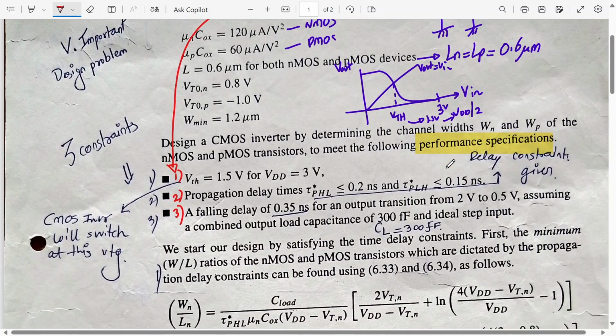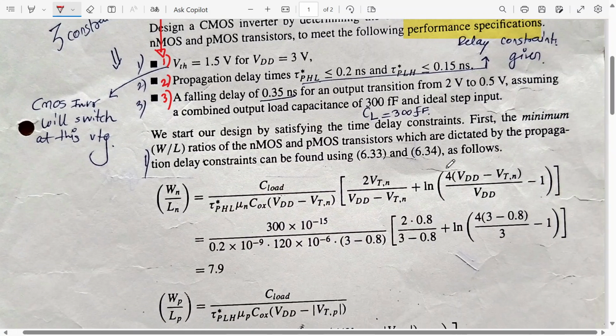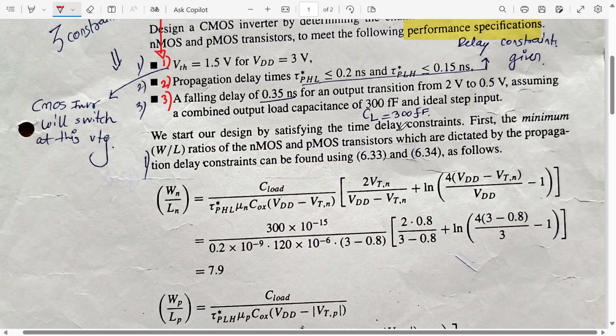Are you understanding? Yeah. So we start the design by satisfying the time delay constraint, that is tau p HL and tau p LH. Just now we have derived the equation, so W by L of n for the NMOS is given by this formula.